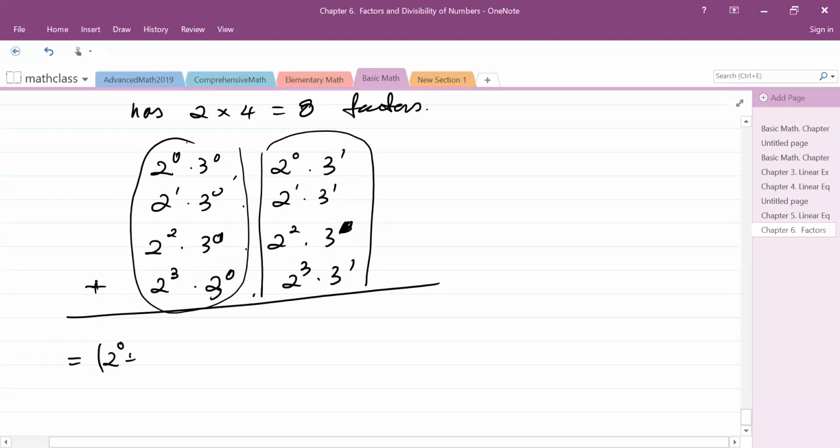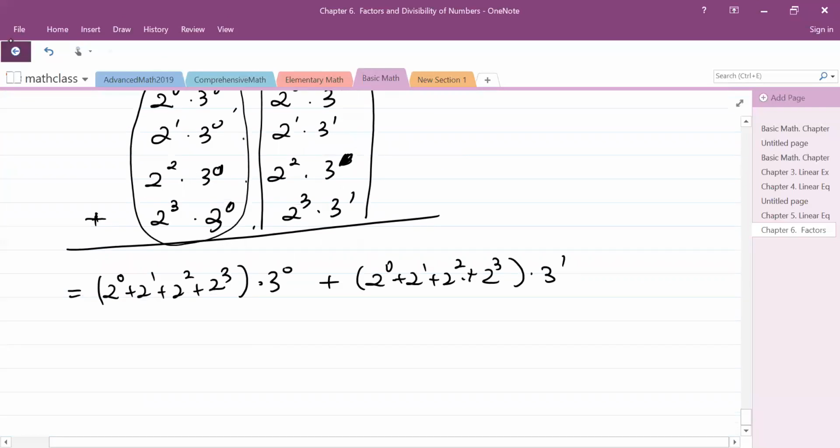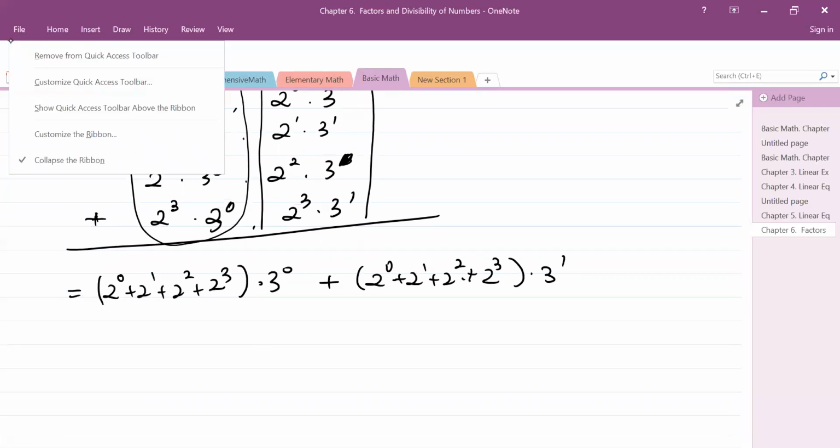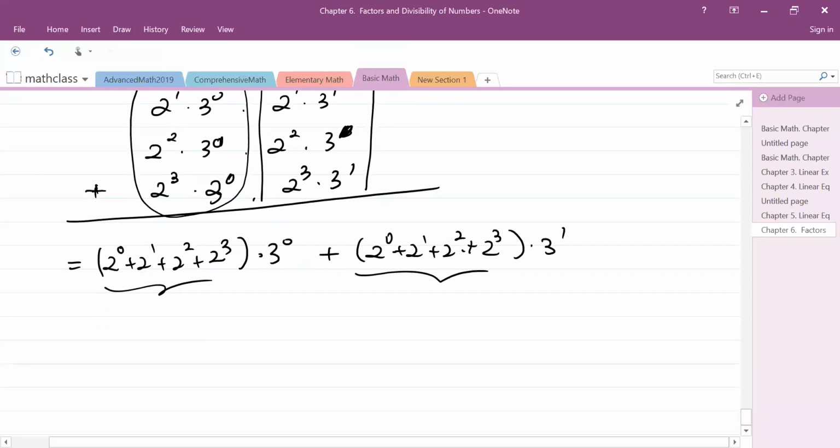It's 2 to the 0, 2 to the 1, 2 squared, 2 cubed, times the 1 plus 3. So it's actually the product of those sums, right?